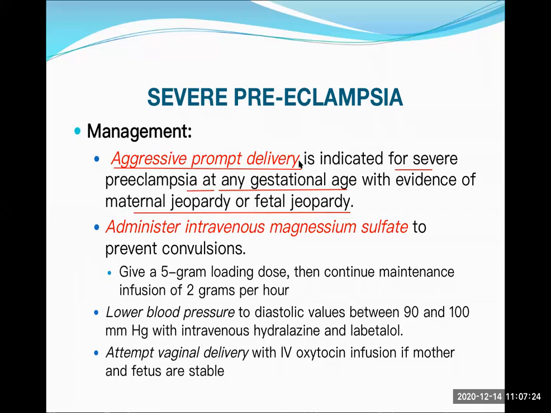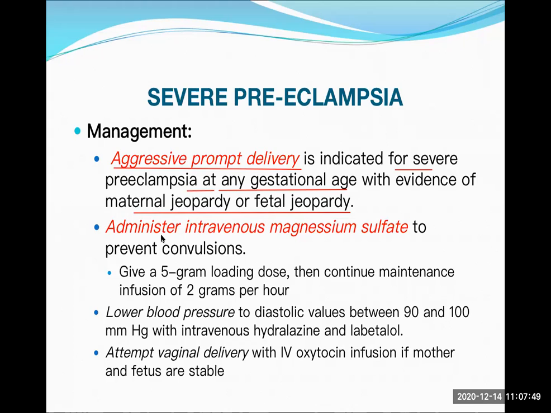Prostaglandins. Very good. So first is oxytocin, another is prostaglandins, third is artificial rupture of membranes, or another something known as balloon dilatation. Excellent. So these are the ways to induce labor. We can go for this, or cesarean section is already there.